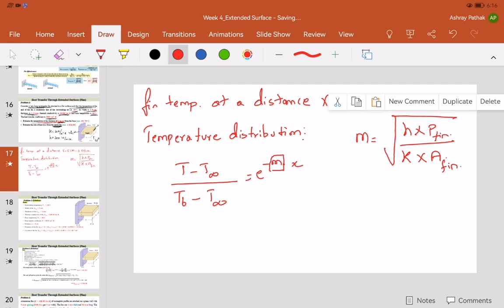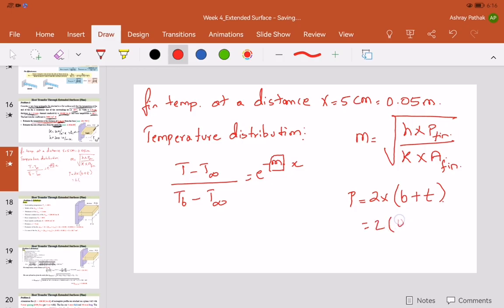In this case, the perimeter of the fin is 2 times the breadth plus the thickness, that is 2 times 0.05 plus 0.001, so the perimeter is 0.102 meter.